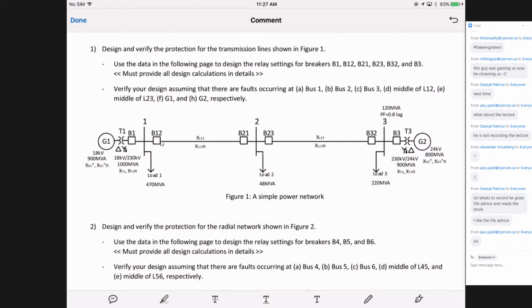Say you have a breaker and the relay for the breaker B12, and that is a setting, and you assume a fault in the middle of the line, 1/4 of the line, 3/4 of the line, and see whether your relay will operate. You can do a hand calculation.